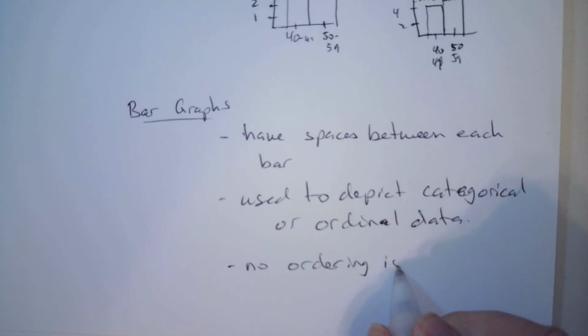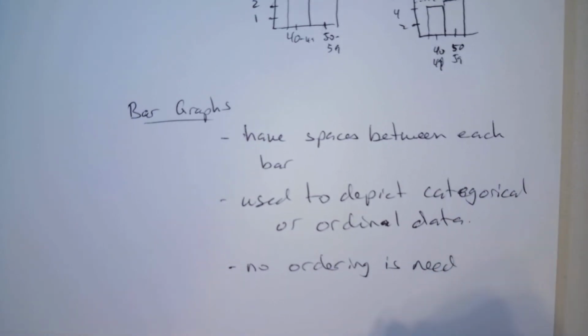No ordering is needed. You just do it. So with a bar and stem graph, you do have to put it in special order. You have to put it increasing, lowest to highest, on the outsides.